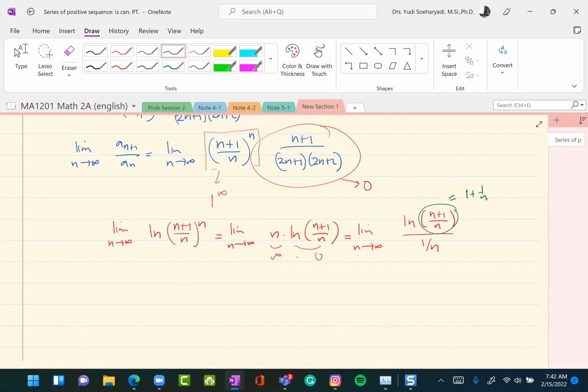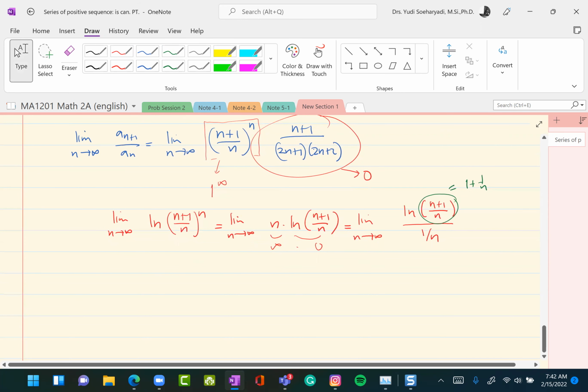Okay, so then you take the derivative. Of course, you change it to x first. So pretend this is x, not n. Okay, so this is a function.